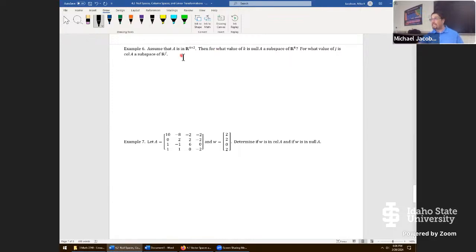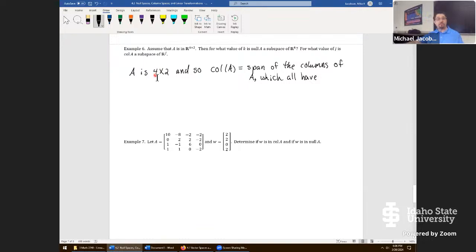If A is in R 4 by 2, this means A is 4 by 2. And so the column space of A is going to be equal to the span of the columns of A, which all have, well, the columns of A would have 4 entries in total.